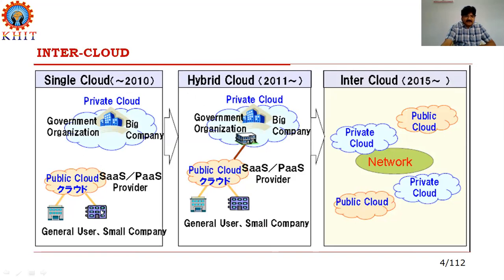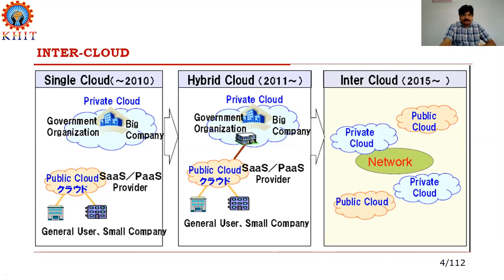A public cloud is one where end users have the right to utilize the cloud service providers; anyone can access them. A private cloud is where an organization, a government organization, or any company wants to host and maintain its own cloud on its own premises.